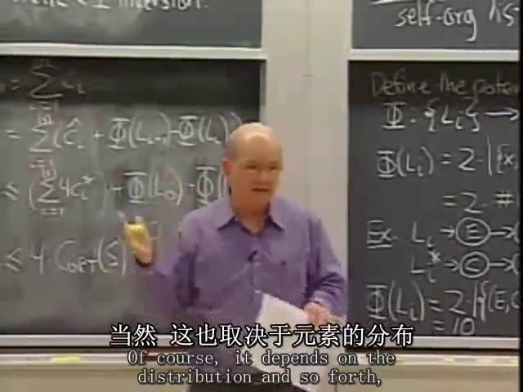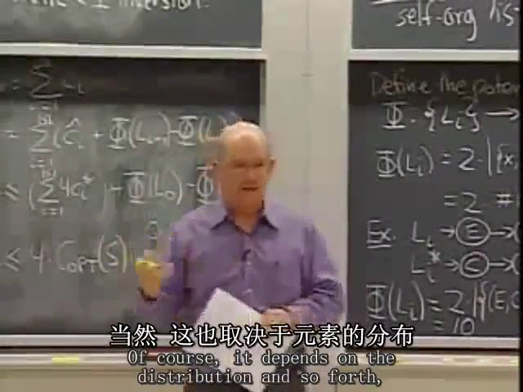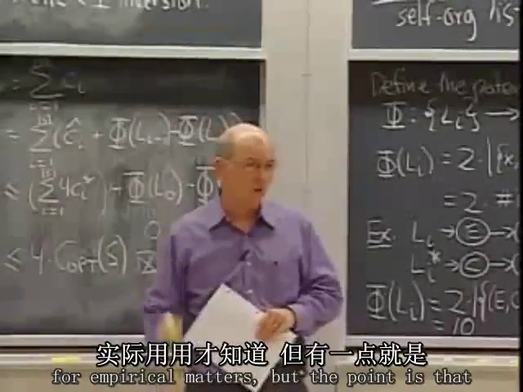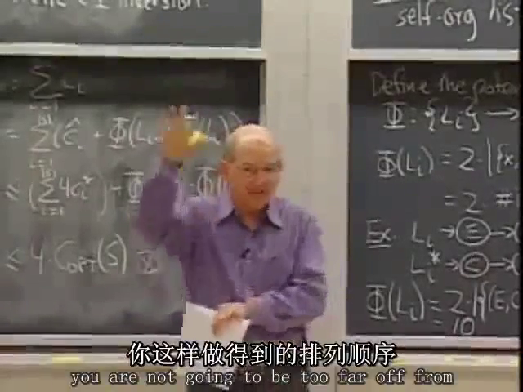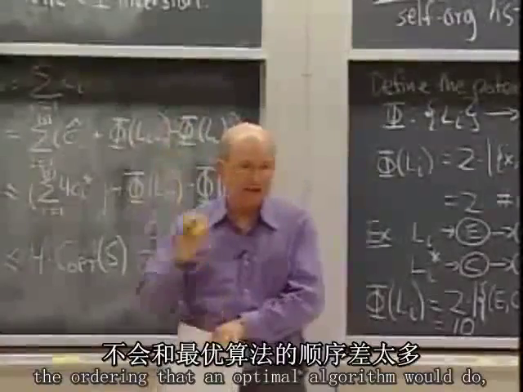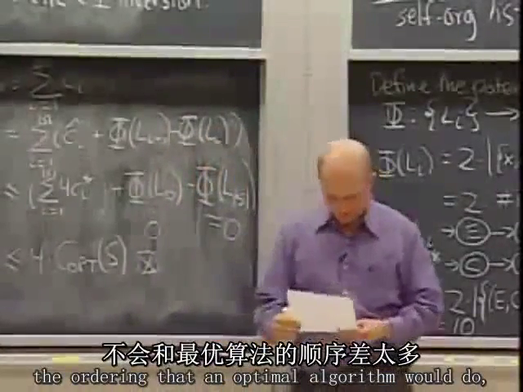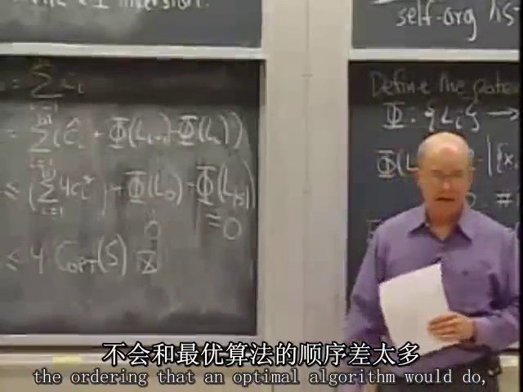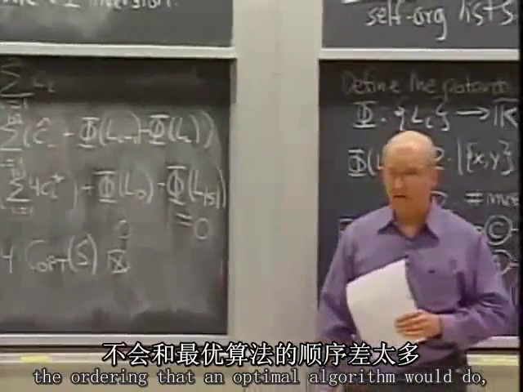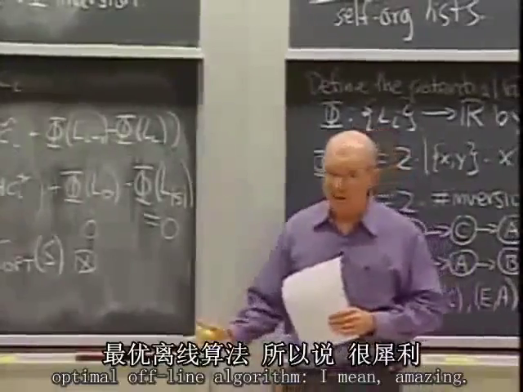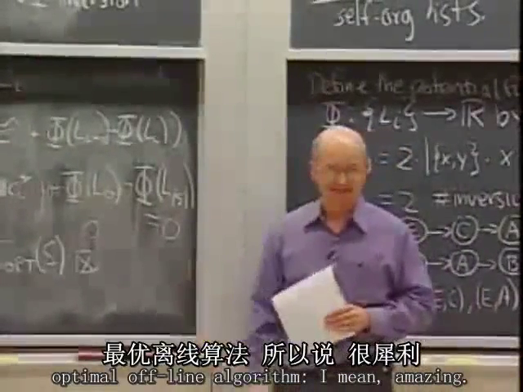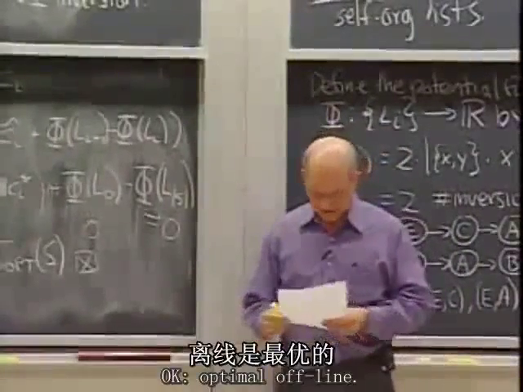Of course, it depends on the distribution and so forth, and on empirical matters. But the point is that you're not going to be too far off from the ordering that an optimal algorithm would do. Optimal offline algorithm. I mean, amazing. Optimal offline.